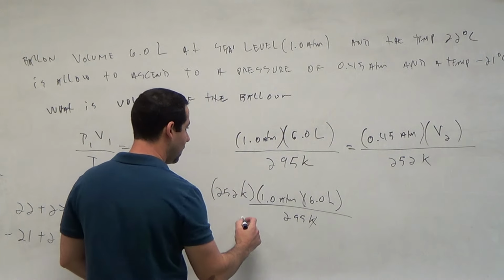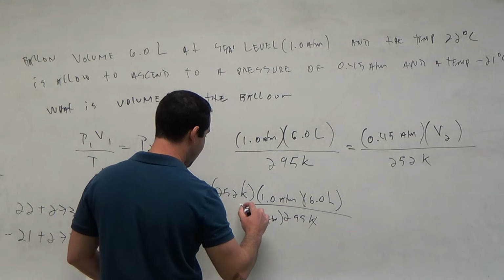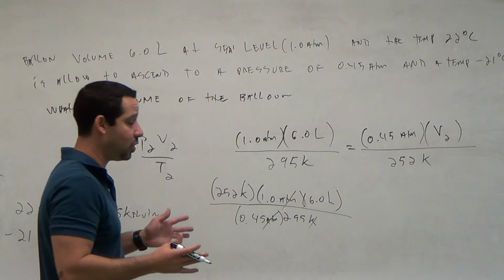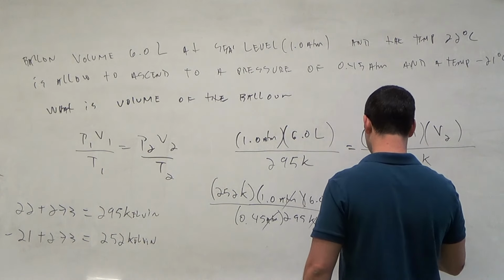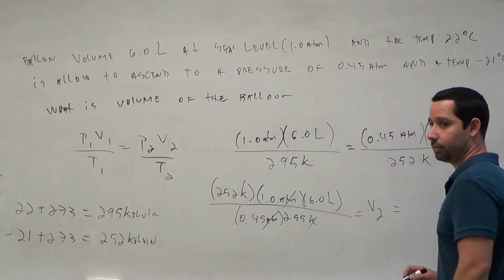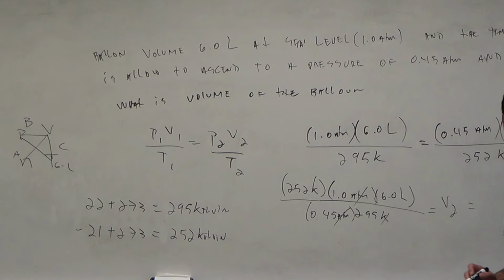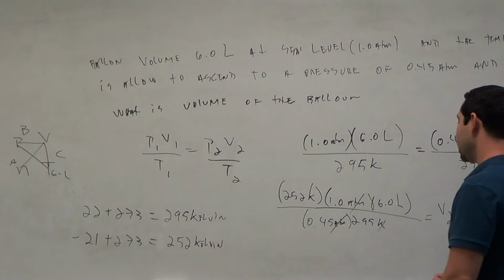That cancels, and I just write this on the bottom here. So what happens to the ATMs? ATMs cancel with ATMs. The only unit I have left is liters, V2. Kelvin is canceled as well, right? Yeah, I canceled it. It doesn't look like it, but it is.